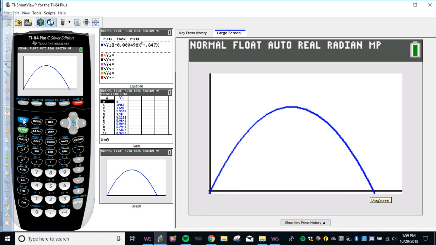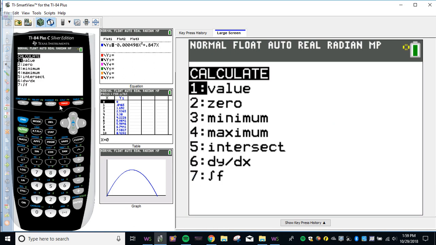So second trace, is this a max or a min? Second trace max.